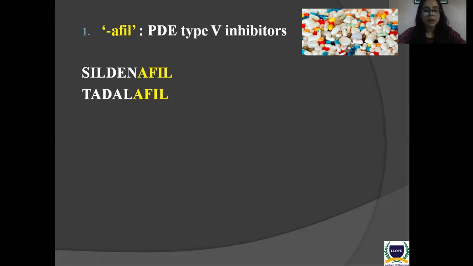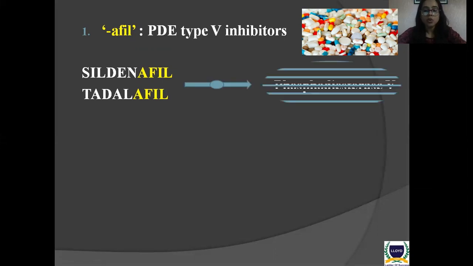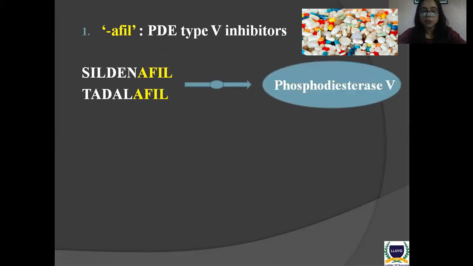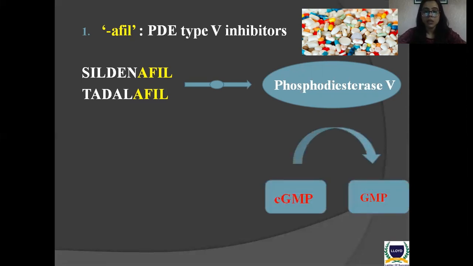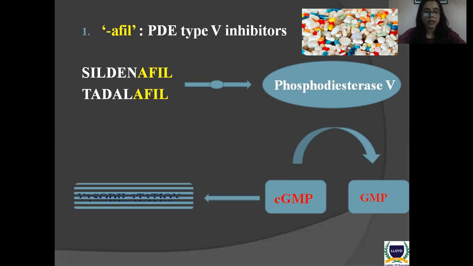These types of drugs inhibit the phosphodiesterase type 5 enzyme, which actually converts the cyclic GMP into GMP. So because of this metabolism, the cyclic GMP level would be decreased and the GMP level would be increased, which leads to vasodilatation.